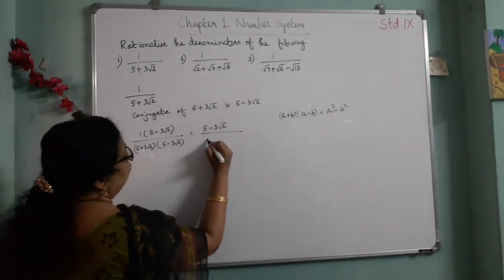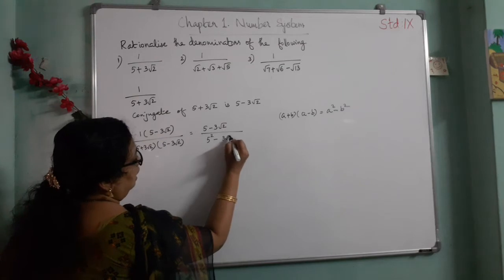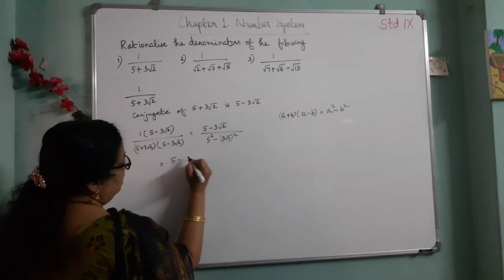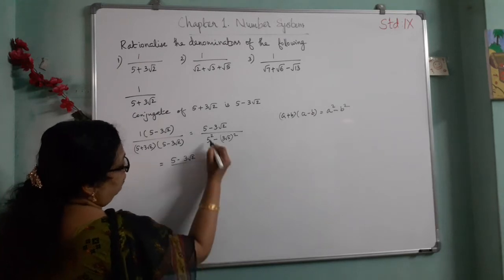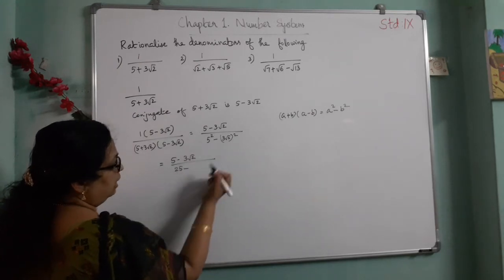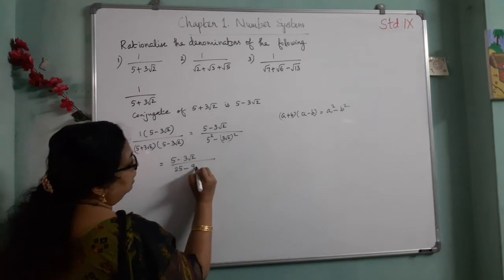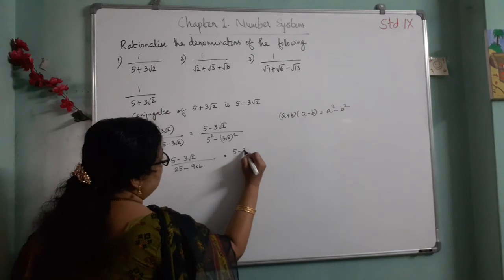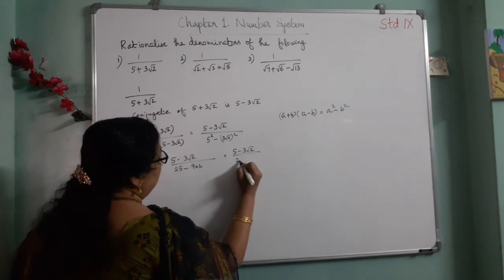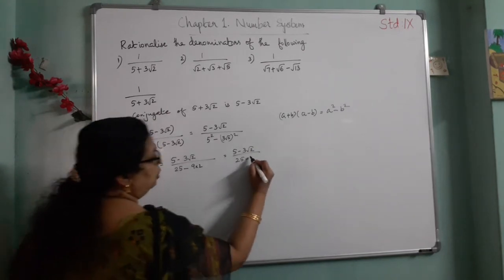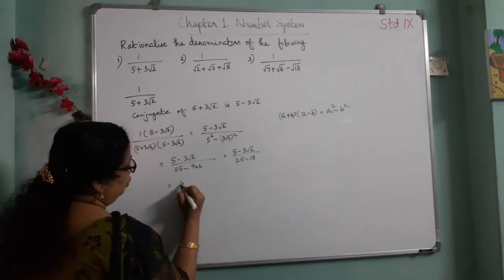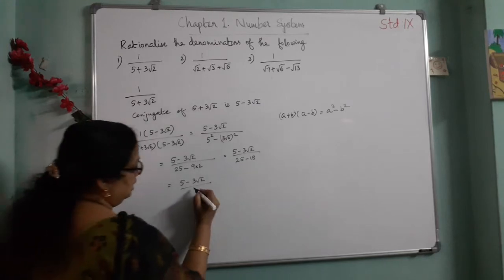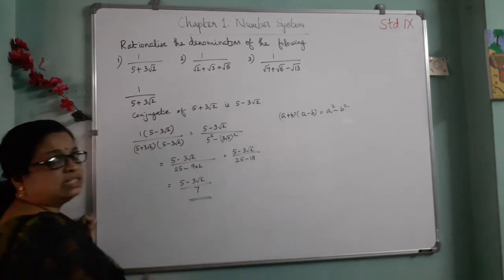So here 5 square minus 3 root 2 the whole square, which is equal to 5 minus 3 root 2 the whole divided by 5 square is 25 minus 3 square 9 into root 2 square is 2. So 5 minus 3 root 2 divided by 25 minus 9 into 2, 18, which is equal to 5 minus 3 root 2 divided by 25 minus 18 is 7. So this is the answer.